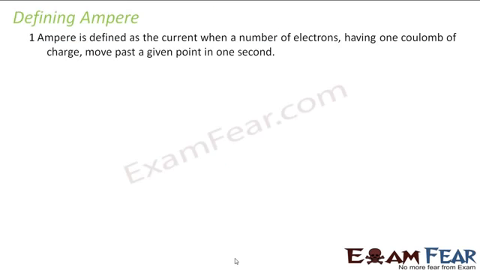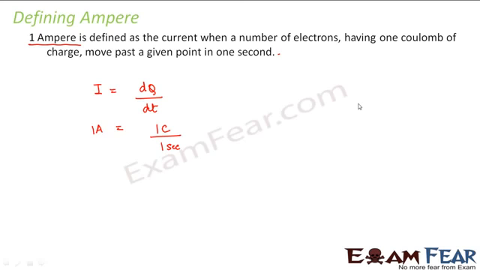Now how do I define 1 ampere of current? As I mentioned, from the definition of current, we define it as the rate of flow of electric charge. Current will be 1 ampere when 1 coulomb of charge flows in 1 second. So 1 ampere is defined as the current when a number of electrons having 1 coulomb of charge move past a given point in 1 second.